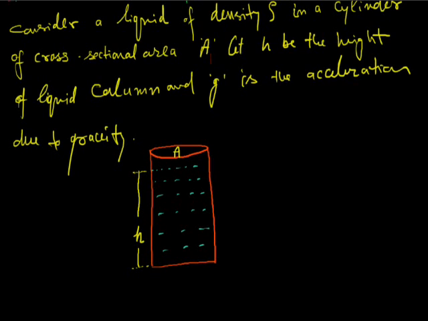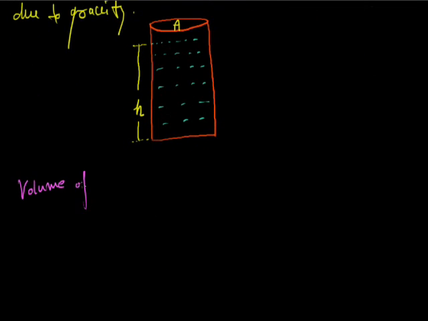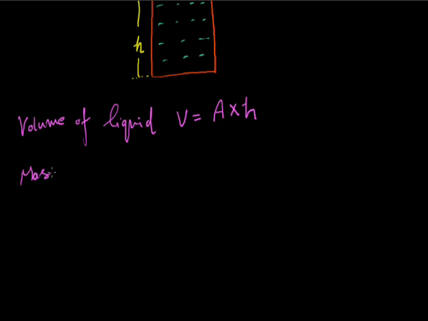Then we know that volume of liquid V is equal to area of cross section into h. We know that mass of liquid column, जो लिक्विड पूरा भरा हुआ है उसका मास कितना होगा, दैट इज m इज इक्वल टू वॉल्यूम इनटू डेंसिटी.